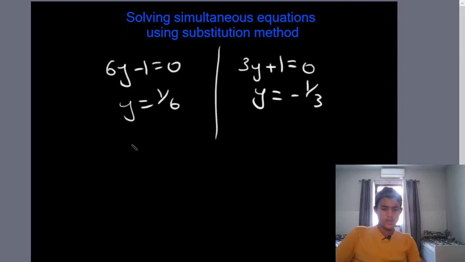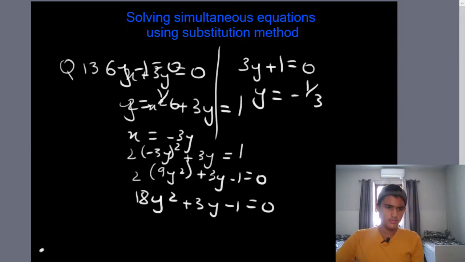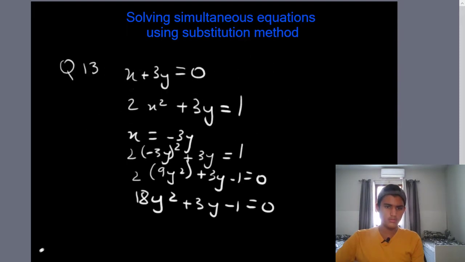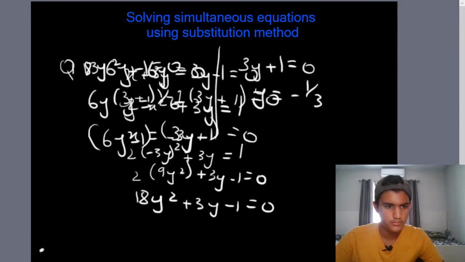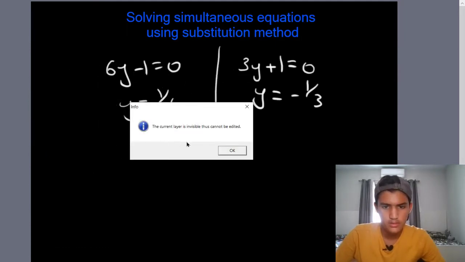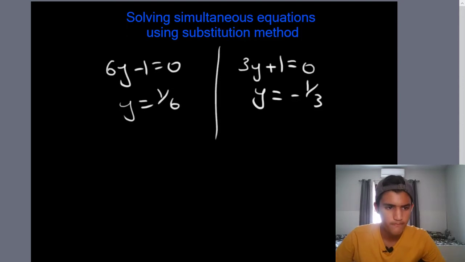So the original equation we had was, I believe, x is equal to minus 3y. x is equal to minus 3 into 1 upon 6, which is the value of y.